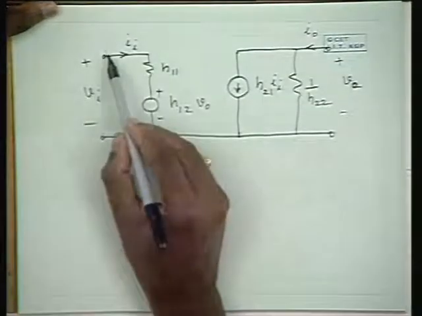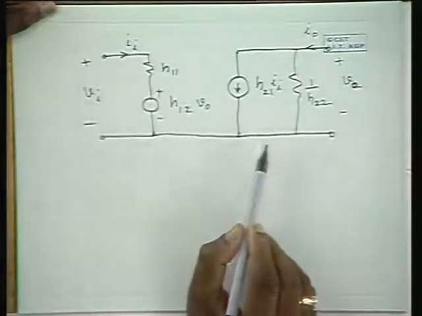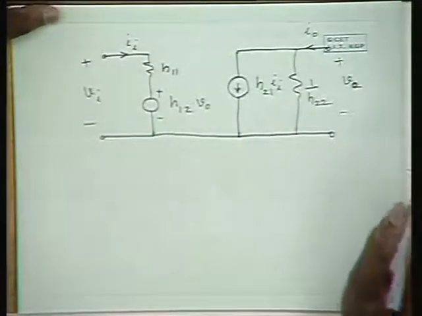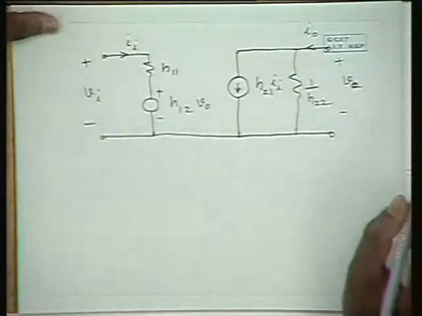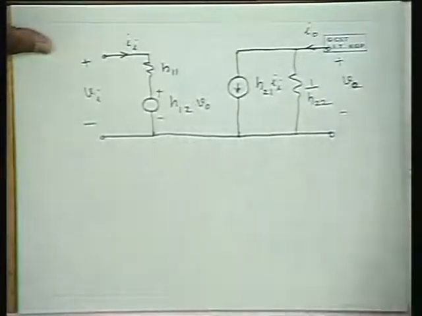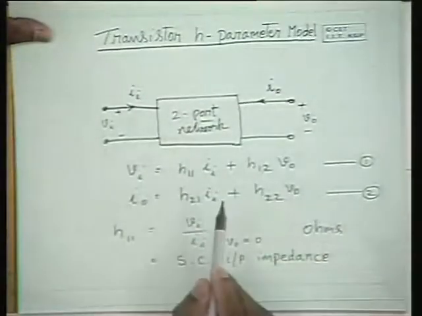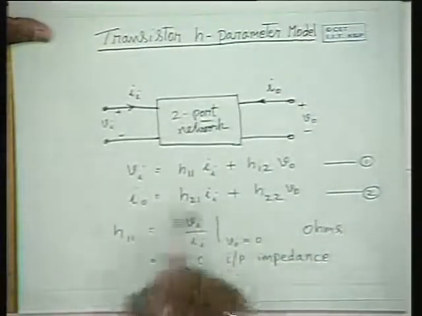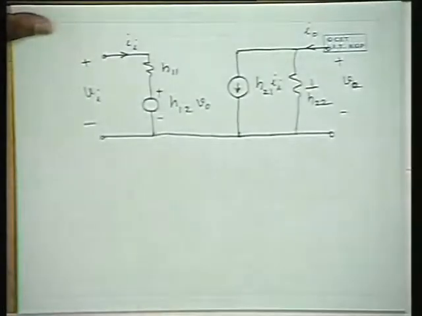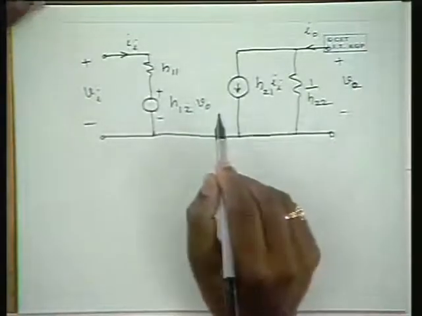Since there are only 3 terminals, naturally one terminal is common, and it appears like this. This is an equivalent network to represent these equations. Hence, a transistor circuit for AC analysis can be represented in this network form.